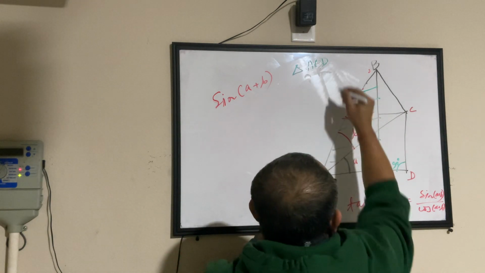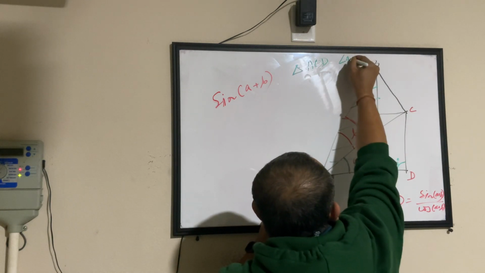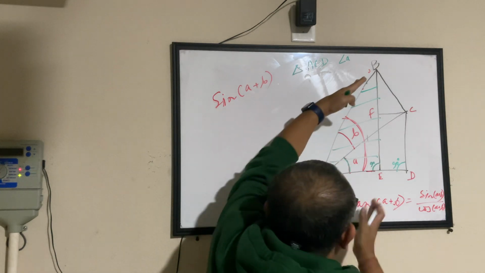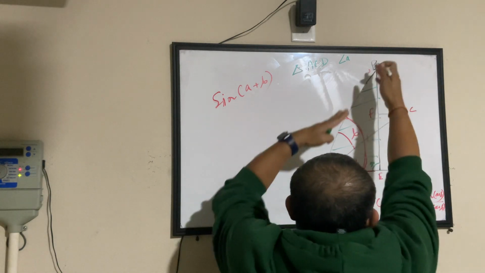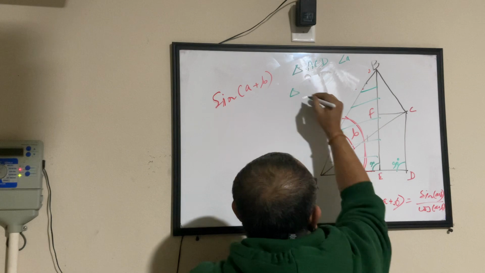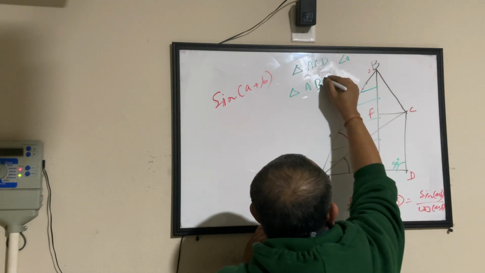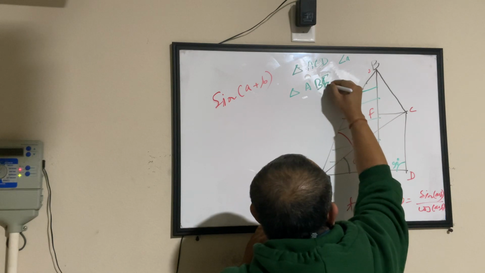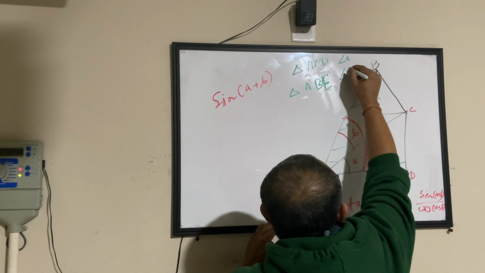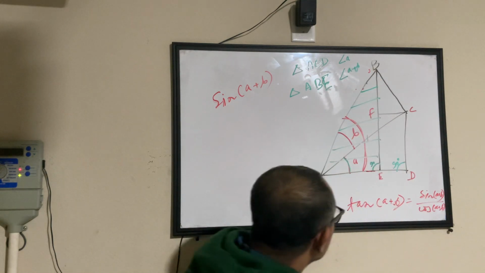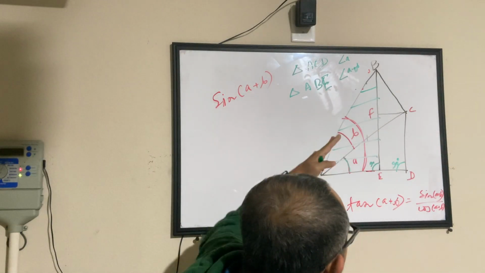This has the angle alpha, angle A, and the large triangle ABE, which has the angle A plus B. I'm just writing it for the sake of clarity.